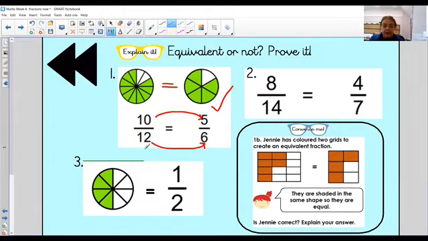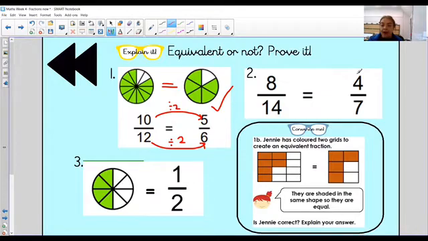I can see here that I've got less parts now, so I've divided. I've actually grouped. How many have I grouped together each time? I've grouped 2 together to make one of those parts. So I've divided by 2, which is now giving me 6 parts. So the top number should be divided by 2 to give me 5. So I know that yes, that is equivalent. So well done to you if you got that right.